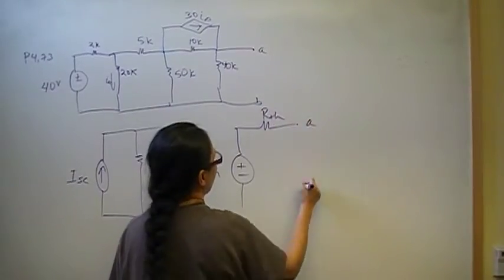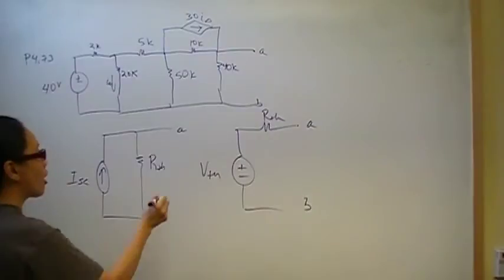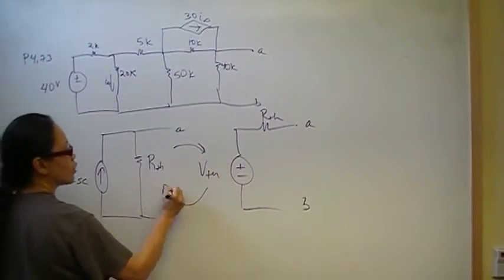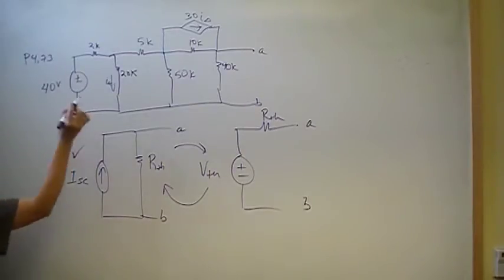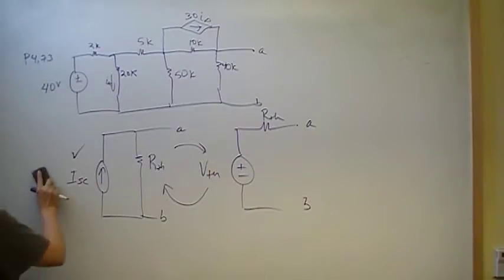So that's the Thevenin equivalent circuit, and they are simply source transformations of each other. In summary, what we're looking for in this problem is the Norton equivalent circuit. So let's go ahead and do that.